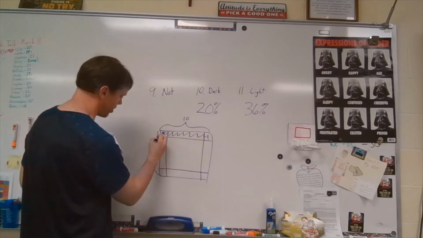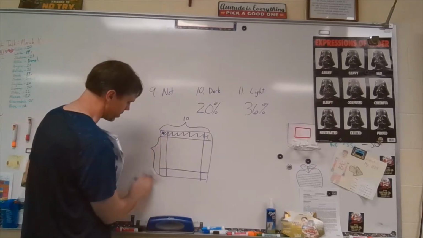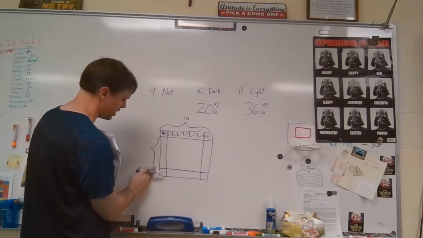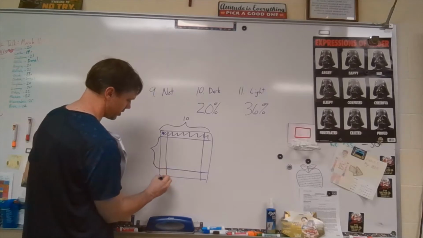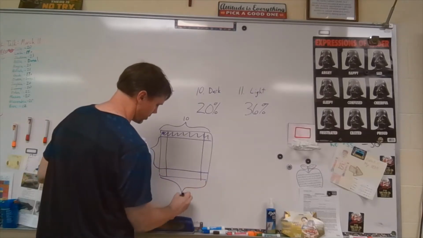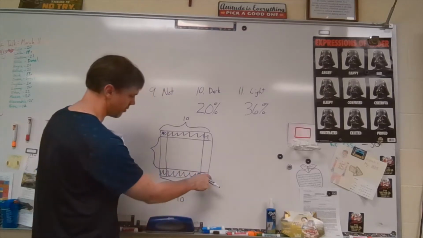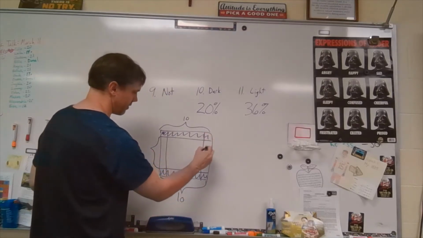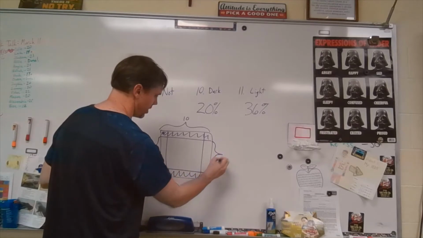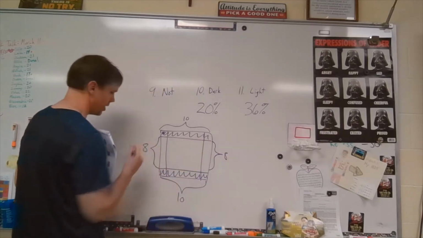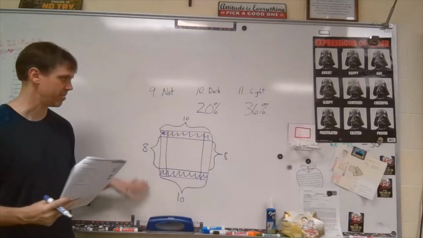So now we have to go, we could do it from there, but it's easier just to say, okay, this is also 10, and now we've counted this. All right, so you have one on the bottom taken off, one on the top taken off. That means that there's 8 right here, and there's 8 right here. Okay, hopefully that maybe makes a little more sense.